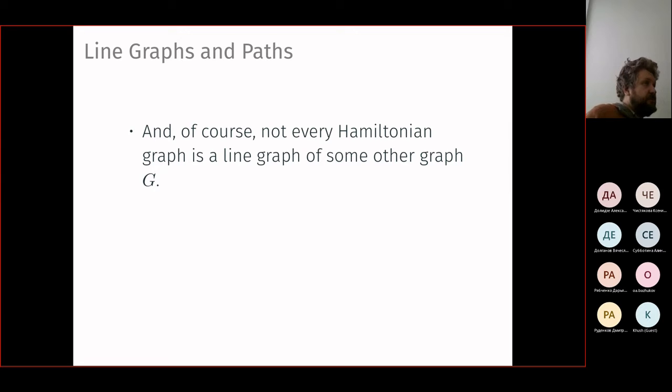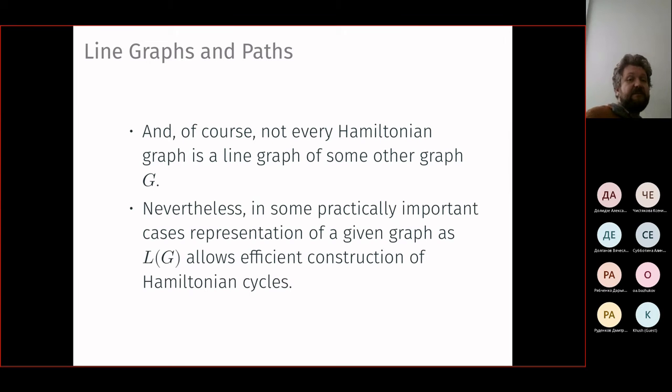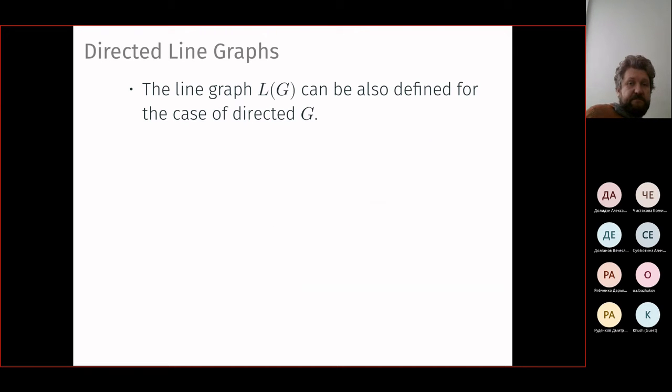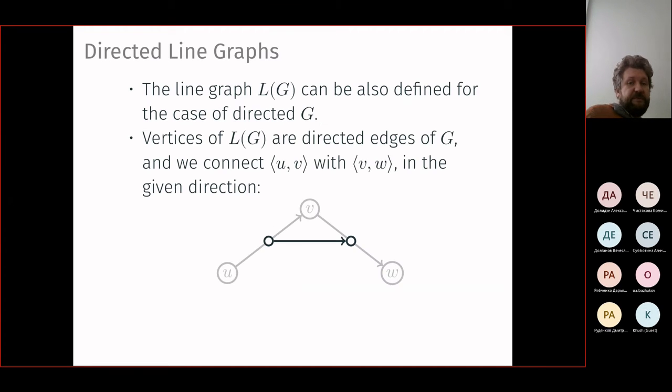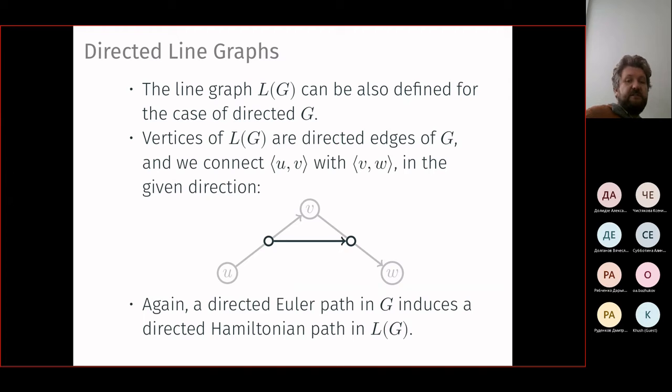It does not reduce to an Euler cycle in general. But sometimes, in some practically important cases, representation of a given graph as a line graph allows efficient construction of Hamiltonian cycles. And also, it could be defined for a directed graph. And again, the same for directed Euler paths and Hamiltonian paths.